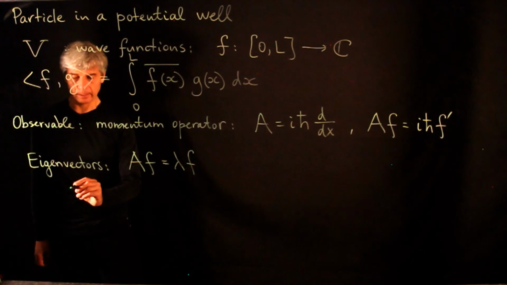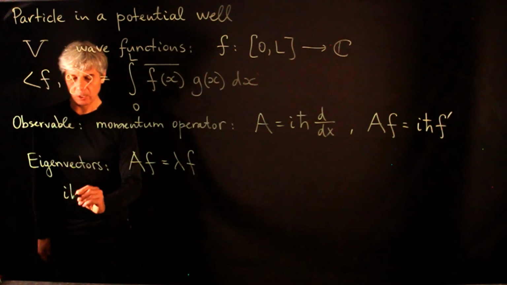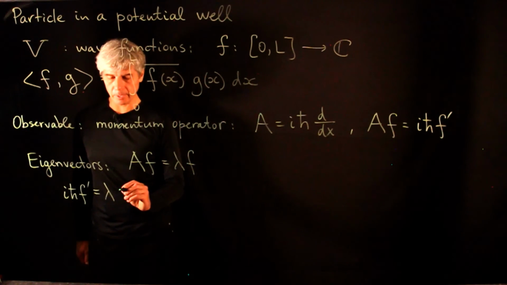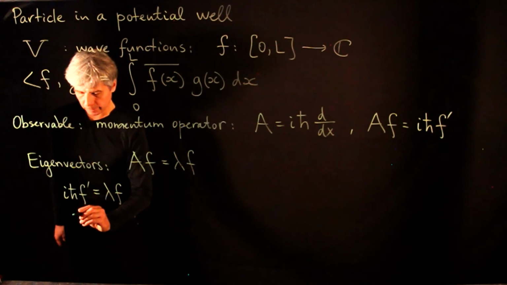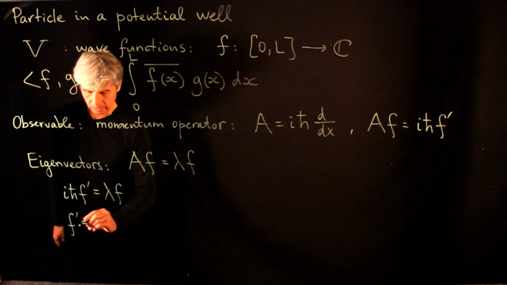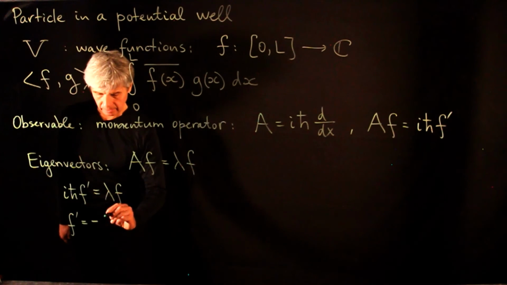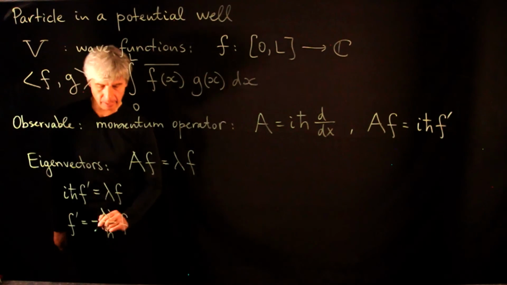We get that i h f prime is equal to lambda f, or f prime is equal to minus lambda i over h times f.